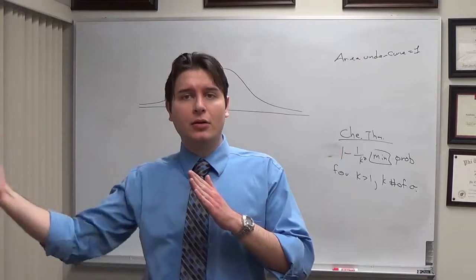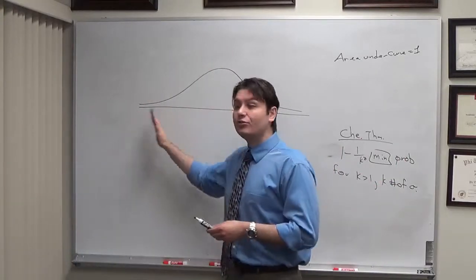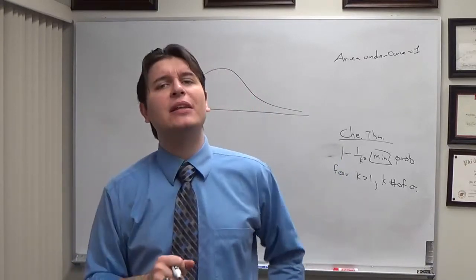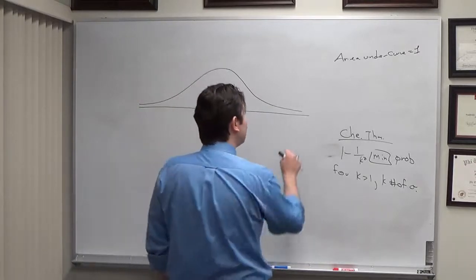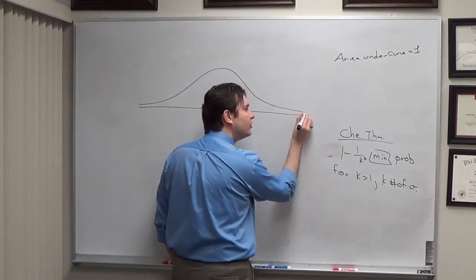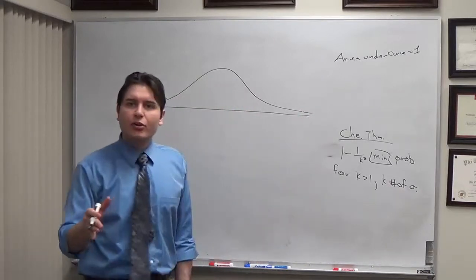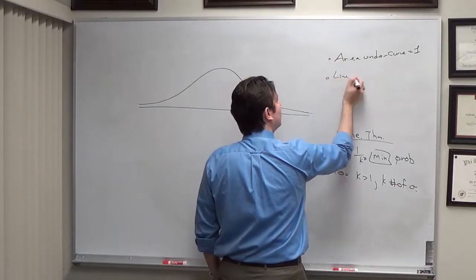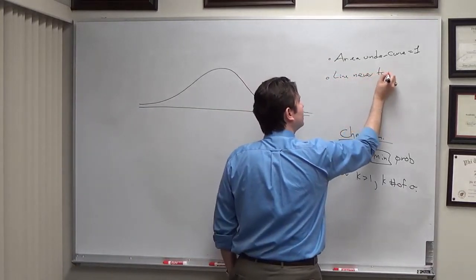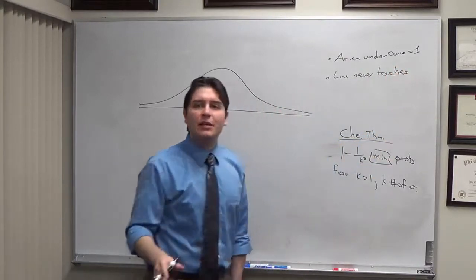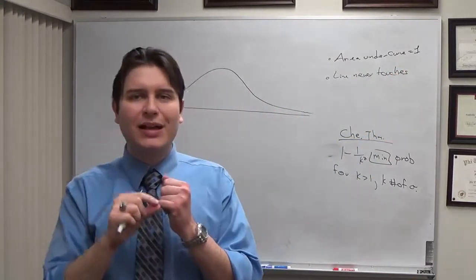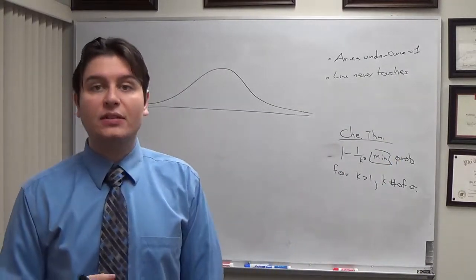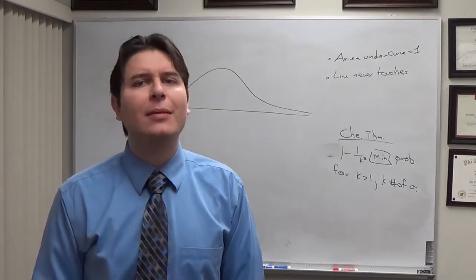No matter how far to the left or right you go on a continuous data variable scale, we have this sense that there's always a slight probability that it could happen, which means this line might get closer and closer to our x-axis, but it's never going to quite touch. Line never touches. And what that means is that there's always a slight possibility that any particular value could be achieved. Is it likely? No. But could it happen? Maybe.